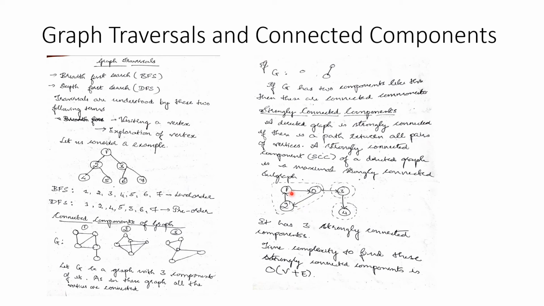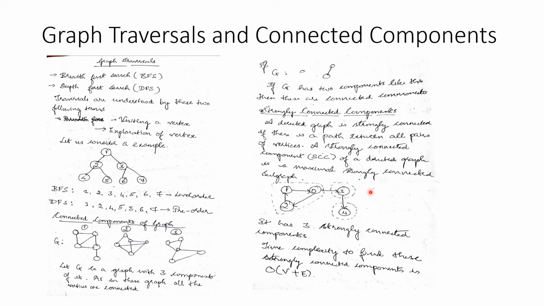Now if you are supposed to identify which are strongly connected edges, you can see from 1 to 0 I have a connection, from 0 to 2 again, from 2 to 1. All these together form one strongly connected component. Similarly from 3, from 3 to 0 you have a direction, nothing other than that. From 3 to 4 again you form a direction, but individually this doesn't have any other components that can be connected.